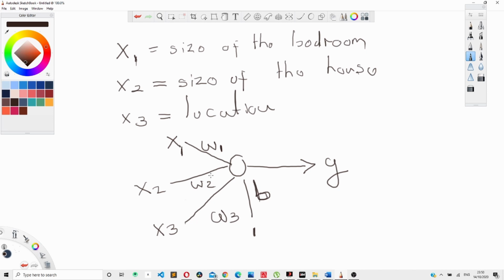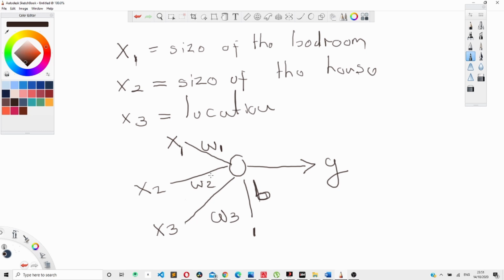So let's say we are trying to predict the prices of the house using the size of the bedroom, the size of the house, and the location. When we first give the neuron the data, the neuron is going to output a value, but that value is not accurate, right? And then to readjust or relearn, the neuron adjusts its weights.